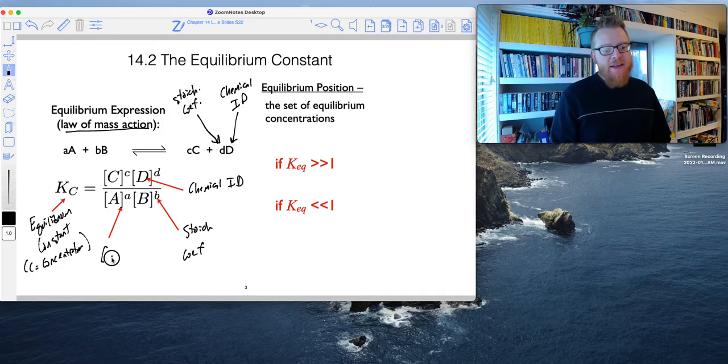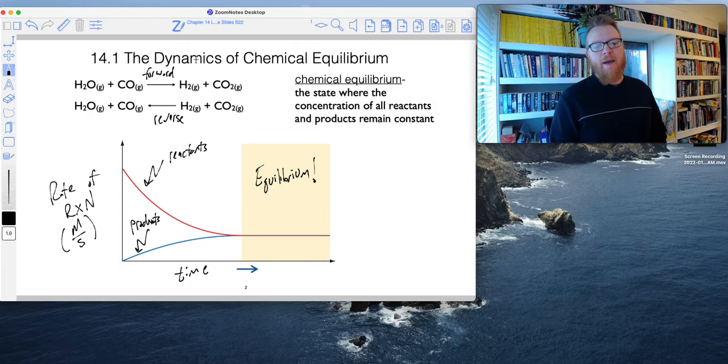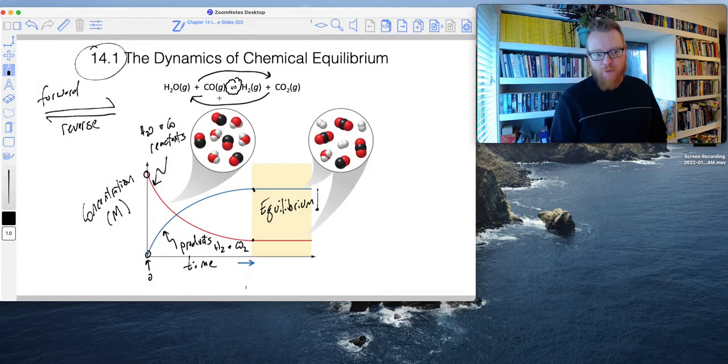Finally, these brackets right here, this is something really important to note. Brackets mean molarity. So anytime we see something in a bracket, we mean its concentration is in units of mole per liter. For example, we were talking about this reaction right here, this forward and reverse reaction, H2O plus CO is in equilibrium with H2 plus CO2.